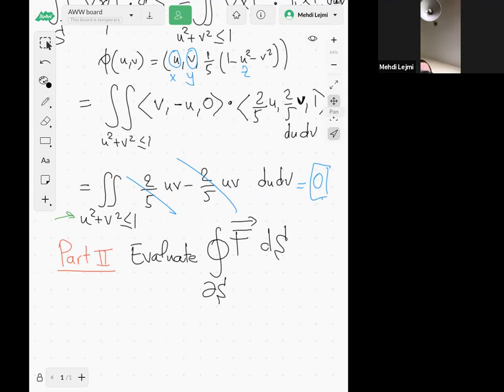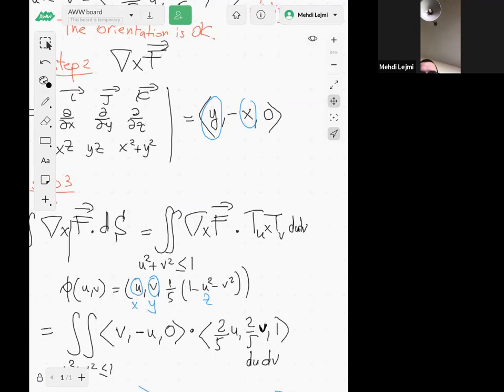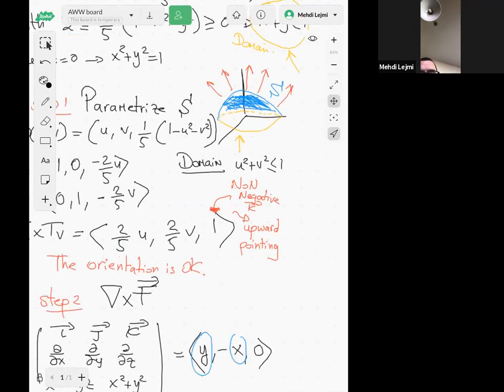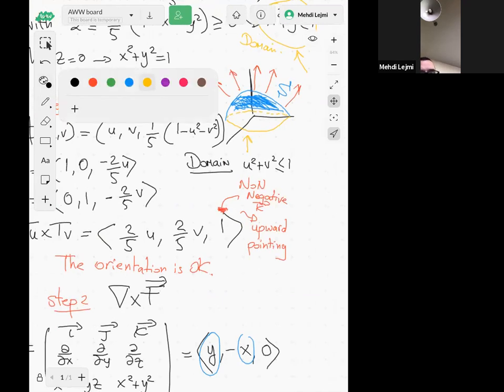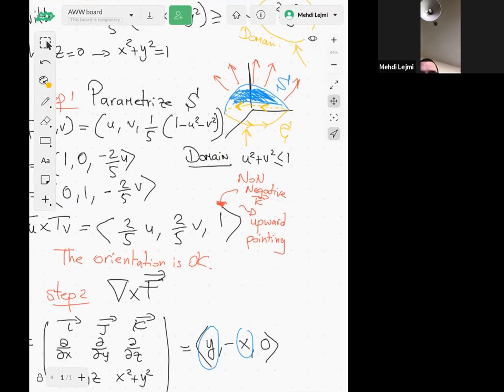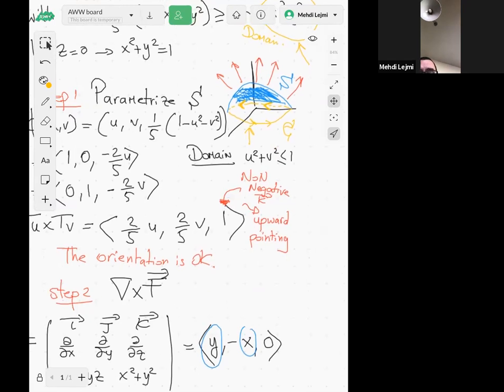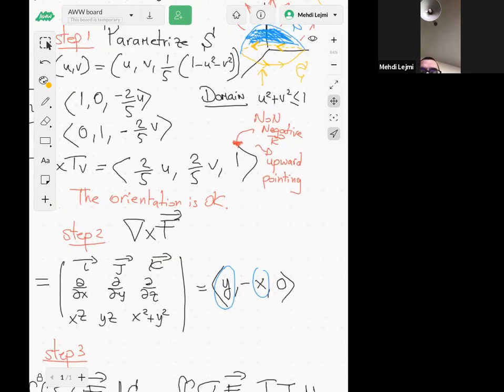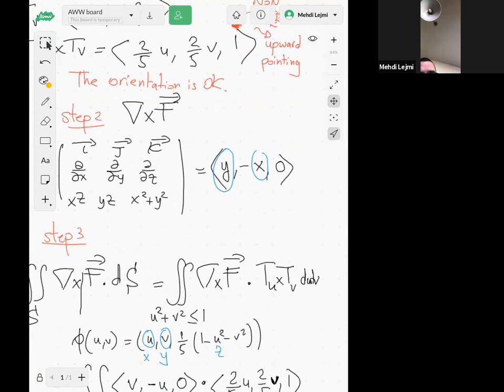So what's the boundary? The boundary is just this circle of radius 1, and to have a consistent orientation with S, it must be counterclockwise. So the boundary is the circle x squared plus y squared equals 1. The z is 0, obviously, because the circle lies on the xy plane.